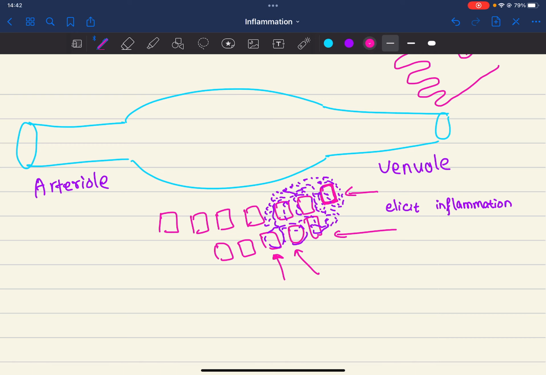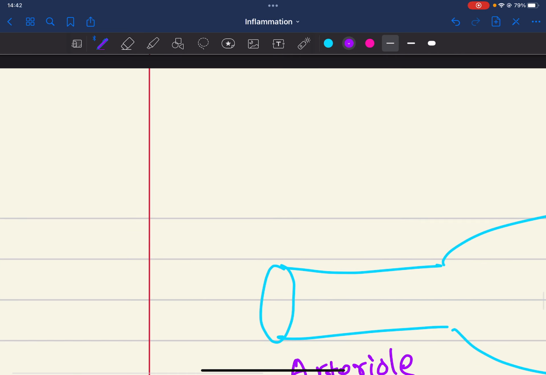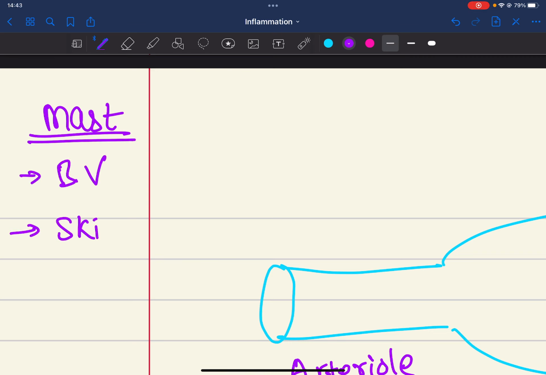Now there is another type of cell also in this tissue. These are mast cells. Mast cells are always present in and around blood vessels, below the skin, and in the mucous membrane.